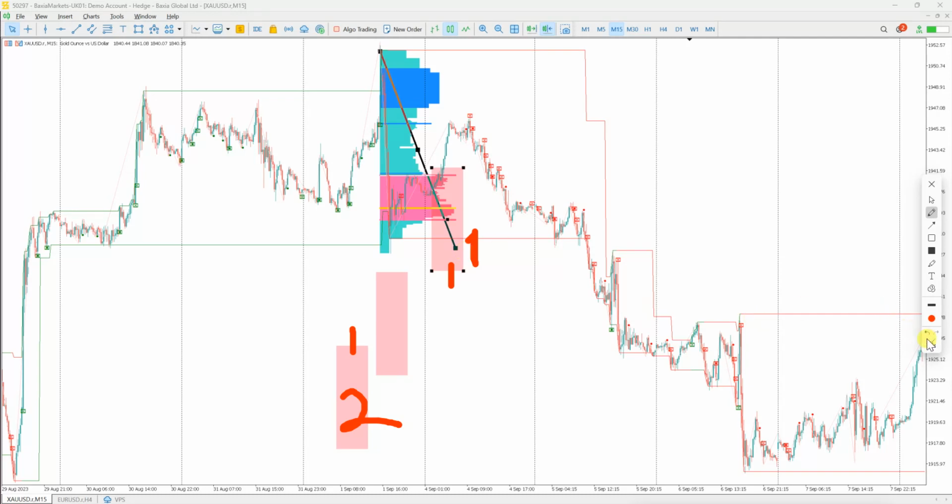Candle number 1, candle number 2, candle number 3. The wick of candle number 1 must not touch the wick of candle number 3. You see, it doesn't touch. There is a gap here. And candle number 2 must close above the high of candle number 3.